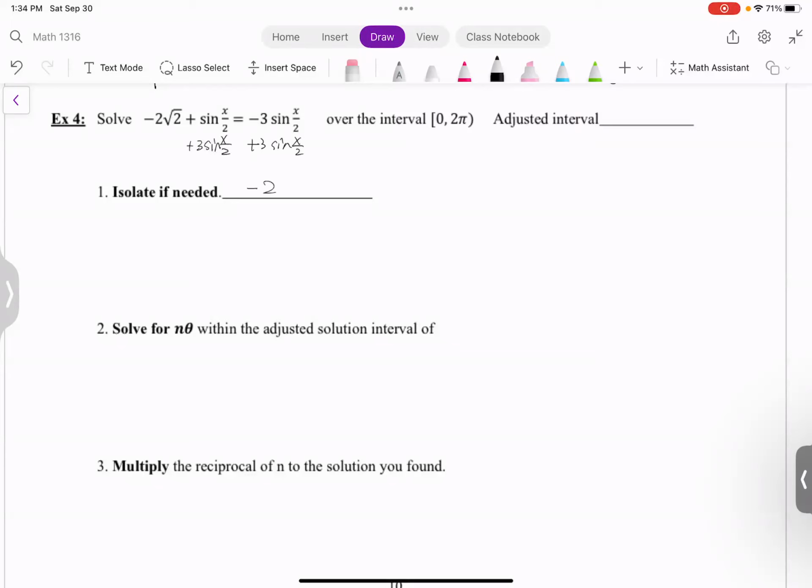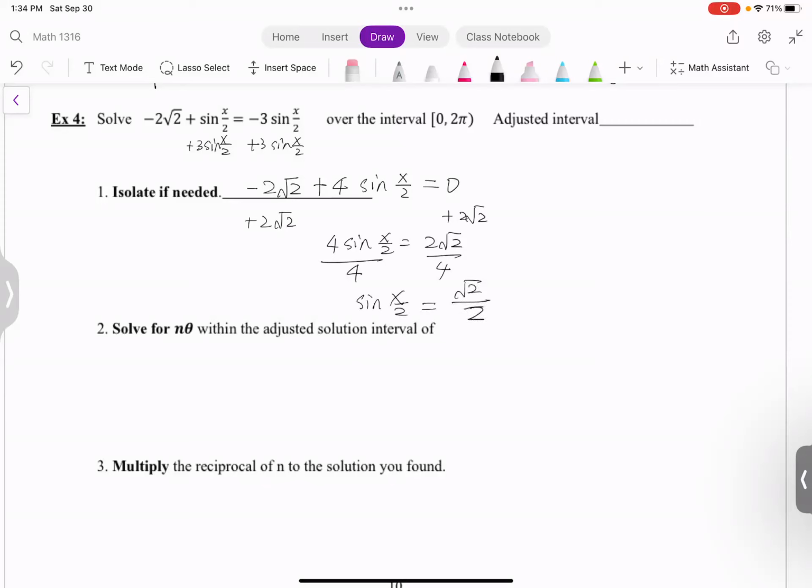We are having negative 2 square root of 2 plus 4 sine x over 2 equals 0, and then plus 2 square root of 2 on both sides. 4 sine x over 2 equals 2 square root of 2, then divide by 4 on both sides. I'm having sine x over 2 equals square root of 2 over 2.